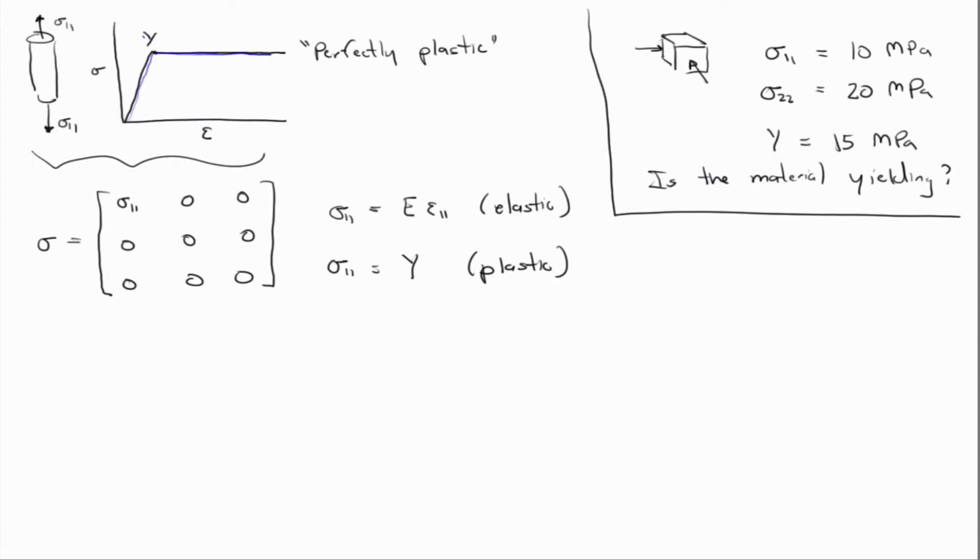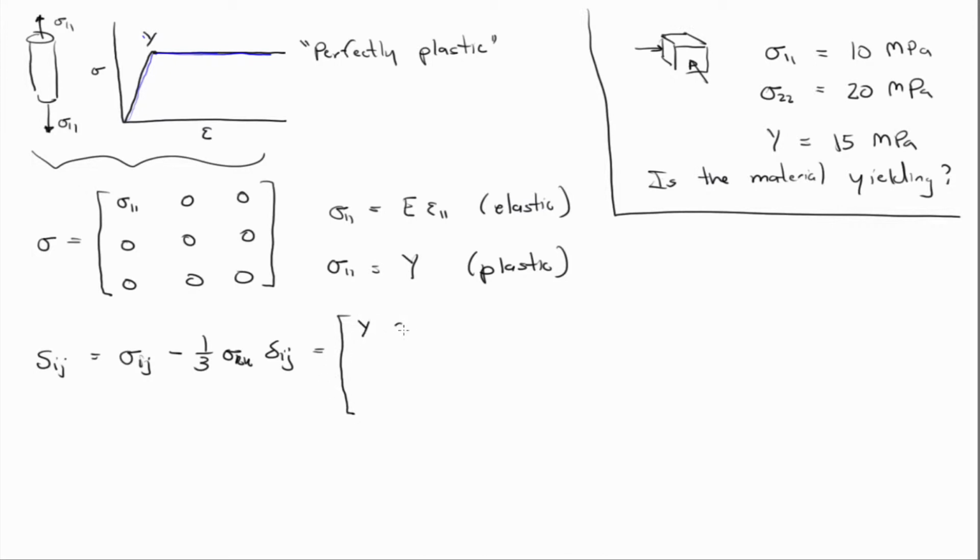So right at the instant of yielding, let's write down what the deviatoric stress is. Remember, the deviatoric stress is the stress tensor minus 1/3 sigma kk delta ij. So let's write down what that is, right at the instant of yielding.